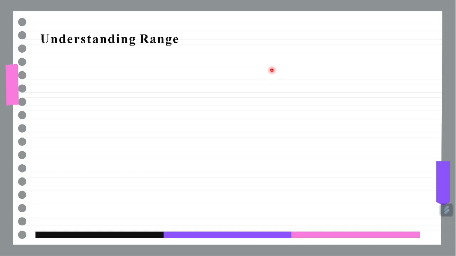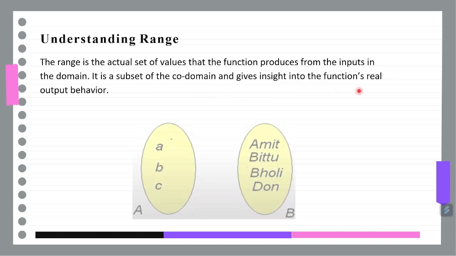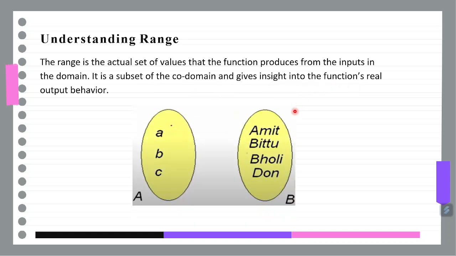What is range? Range is the actual set of values that the function produces from the inputs in the domain. It is a subset of the codomain and gives insight into the function's real output behavior. That means range is the possible output values.